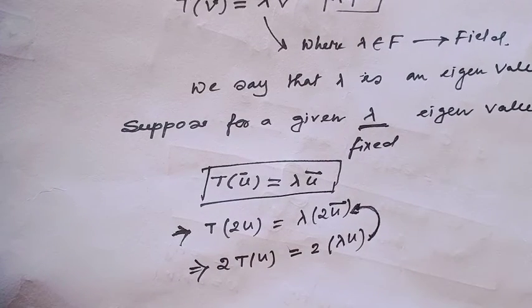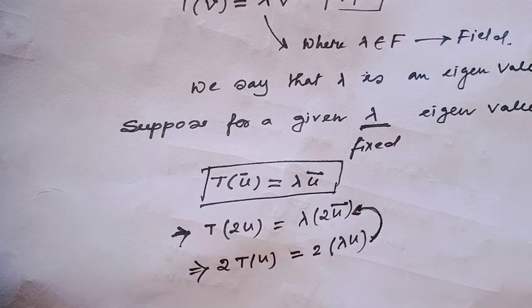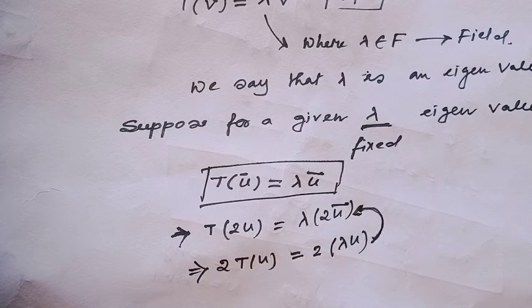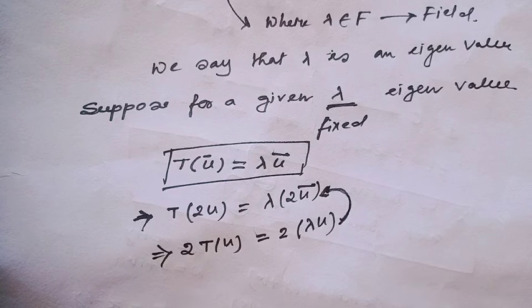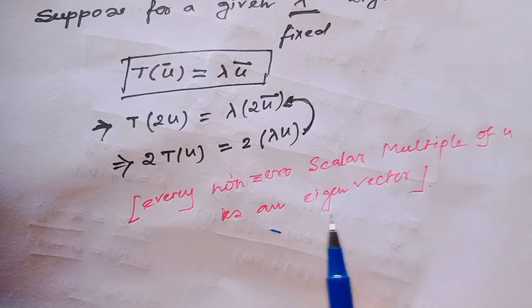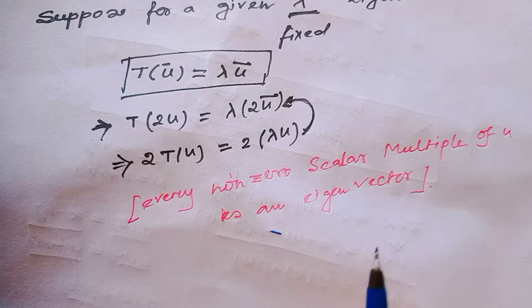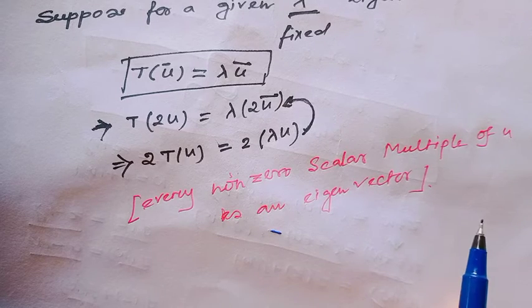So if U is an eigenvector of any linear operator, then 2U is also an eigenvector, and not only 2U, every non-zero scalar multiple of U is an eigenvector.